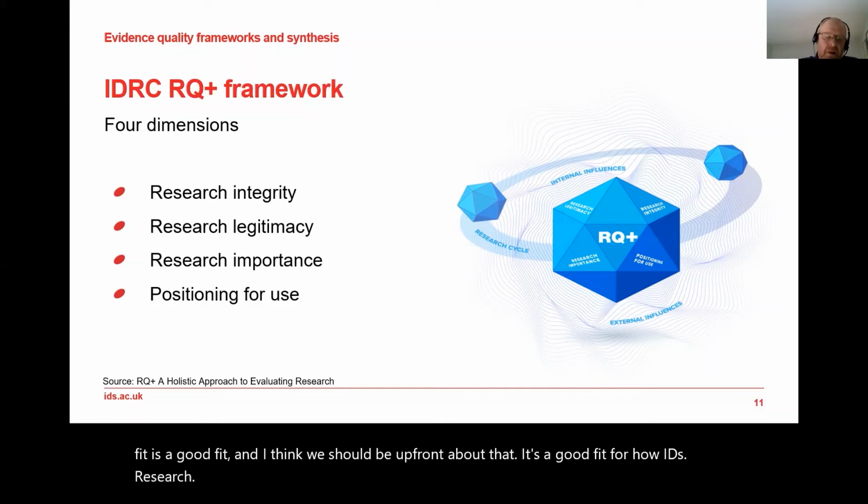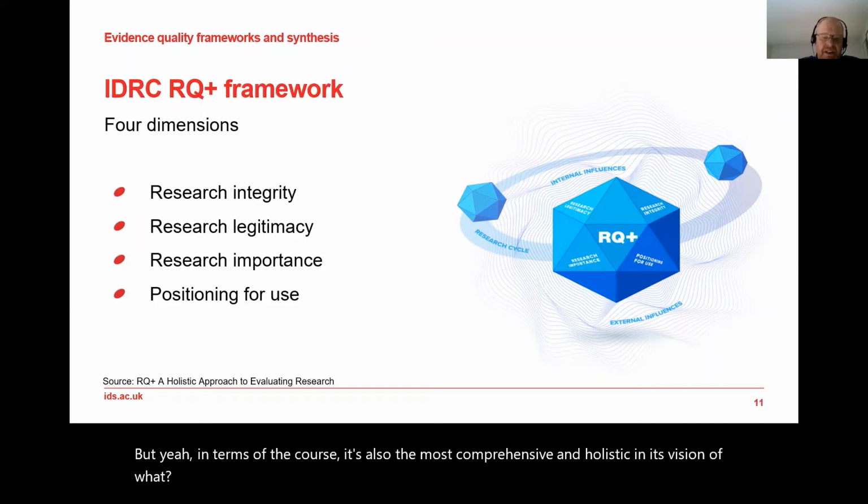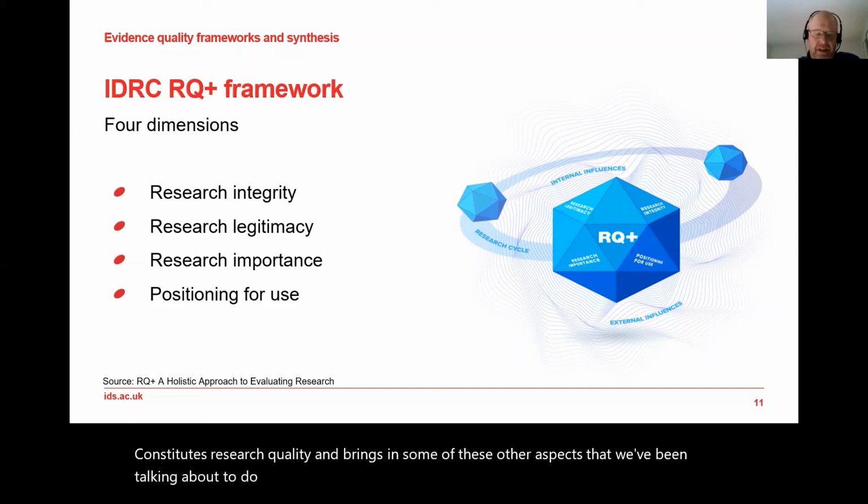But in terms of the course, it's also the most comprehensive and holistic in its vision of what constitutes research quality, and brings in some of these other aspects that we've been talking about to do with usefulness of research and applicability of different types of research for answering different kinds of questions.